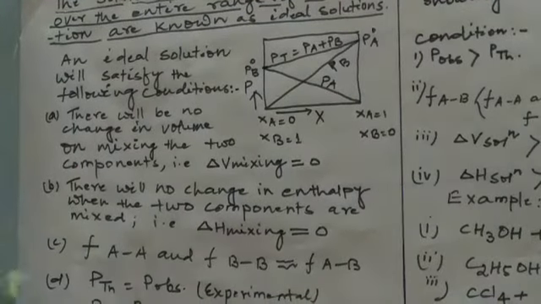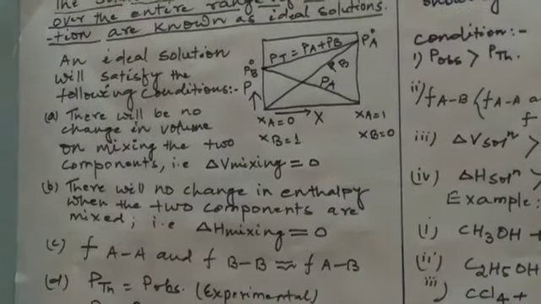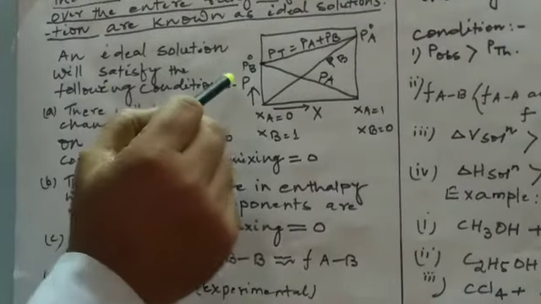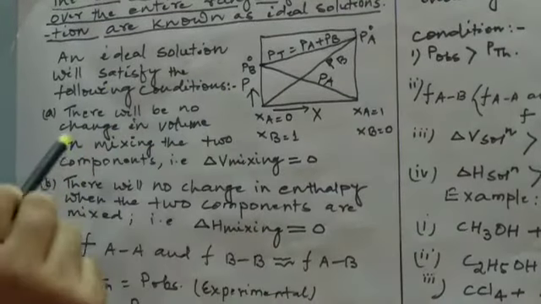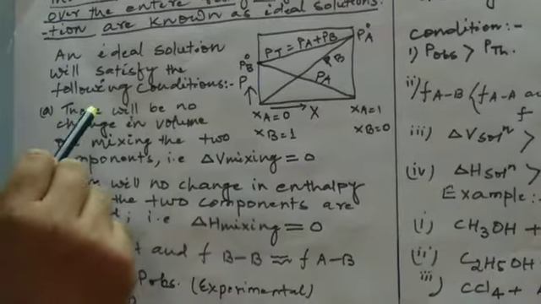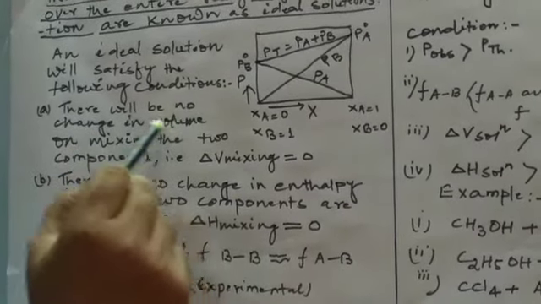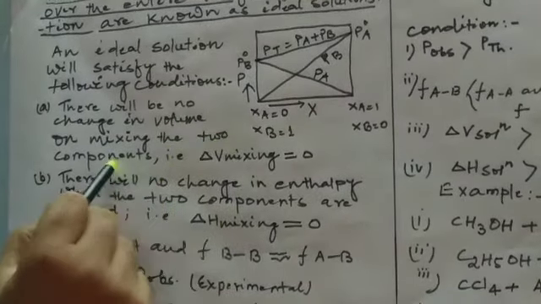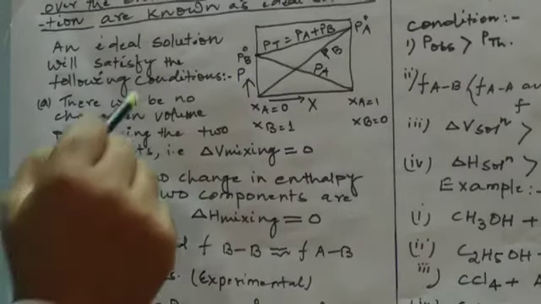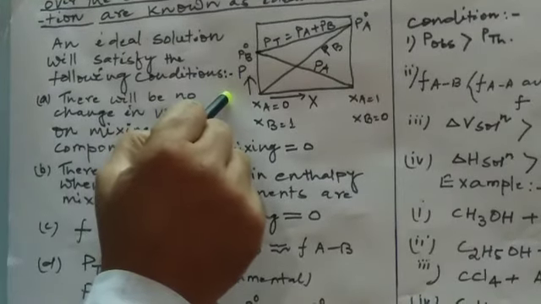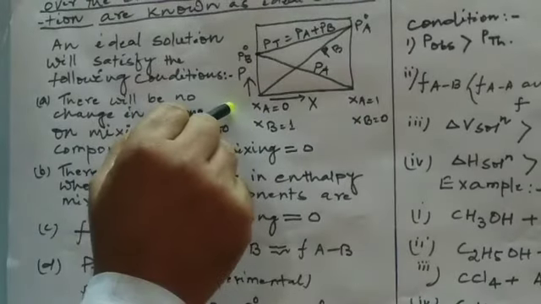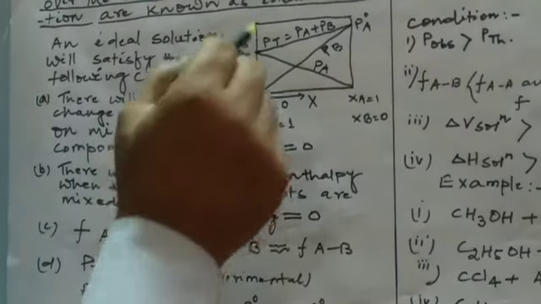Now, the characteristics, all the conditions for a solution to be ideal. Number one, there will be no change in the volume on mixing the two components. Suppose 10 liter of liquid A and 10 liter of liquid B are mixed in a container.